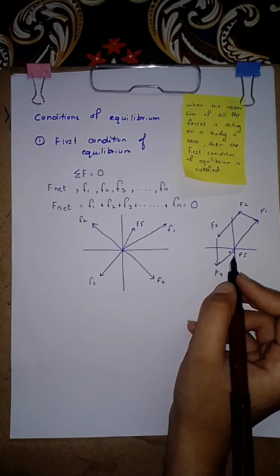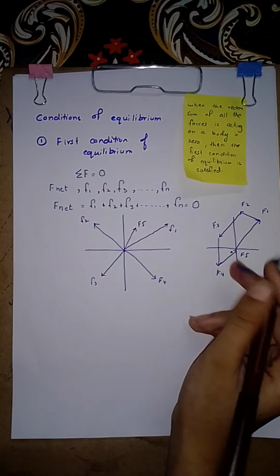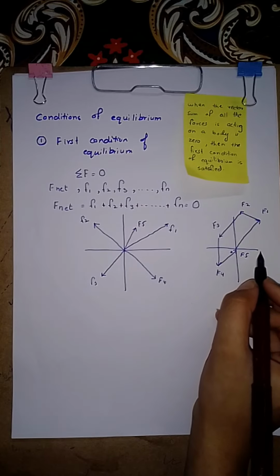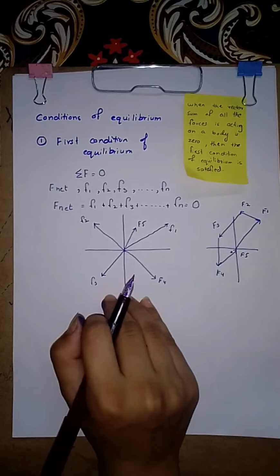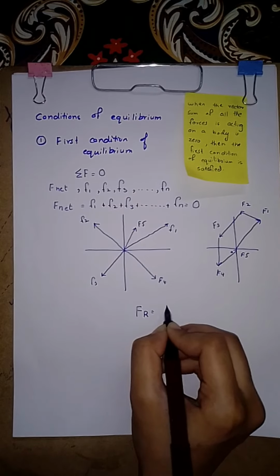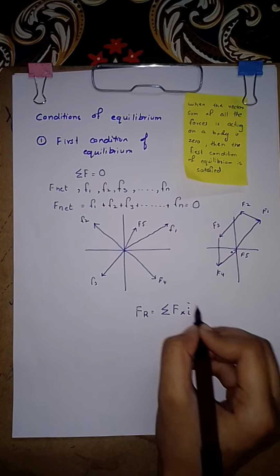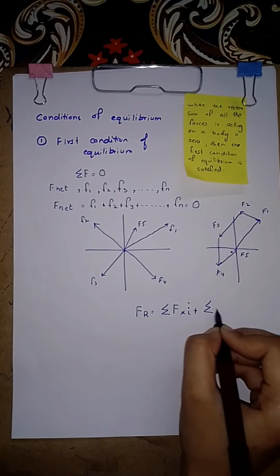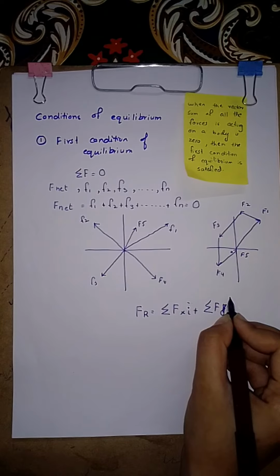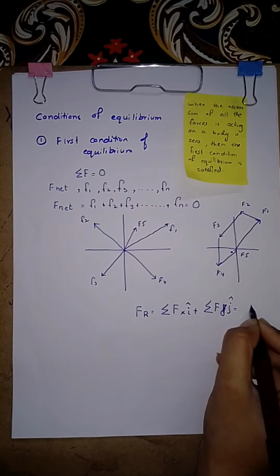For a system of coplanar forces lying in the xy plane, just like this one, each force can be resolved into i and j components, that is, x and y components, and their resultant is equal to sum of Fx i plus sum of Fy j components, and this sum shows again the components are 0.